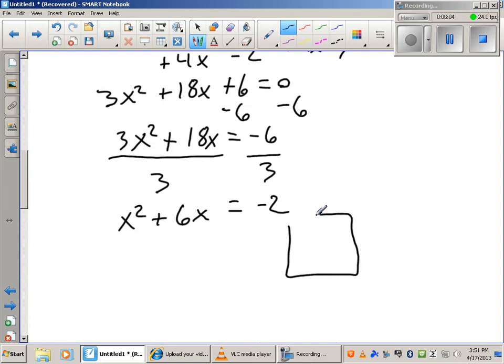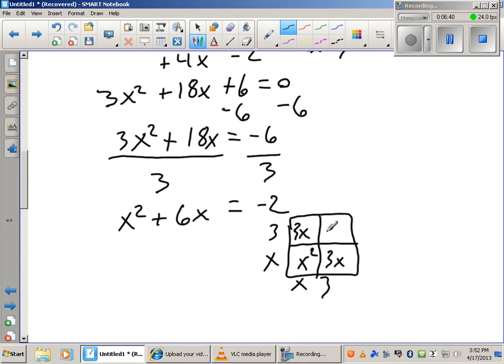So we do that, and we have our x here, so we get x squared, and then we find these, we do our b value divided by 2, so 6 divided by 2 is 3, so we get 3x and 3x, and then we have 3 times 3 in this box, which gives us 9.